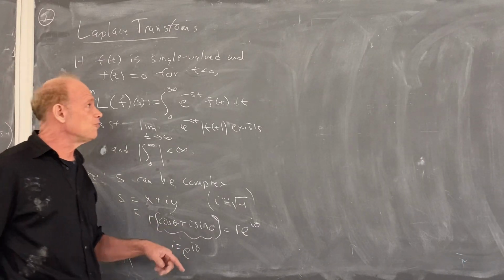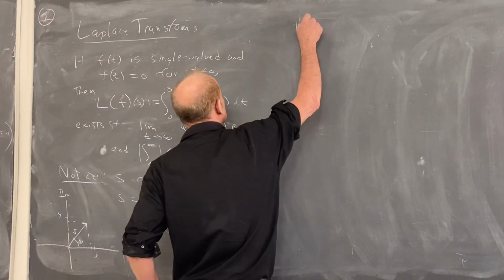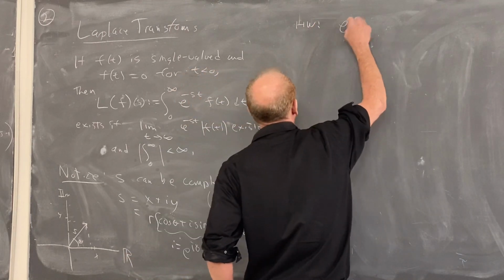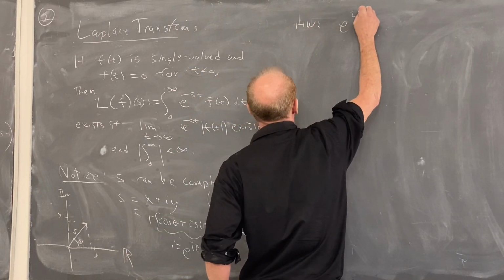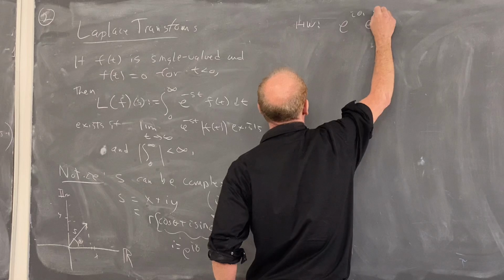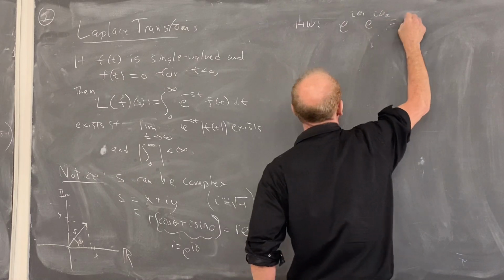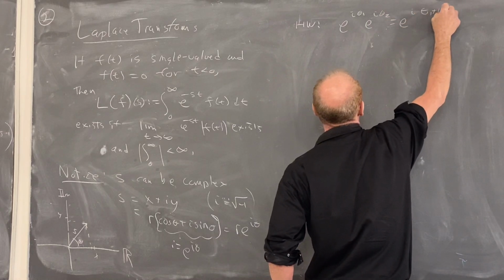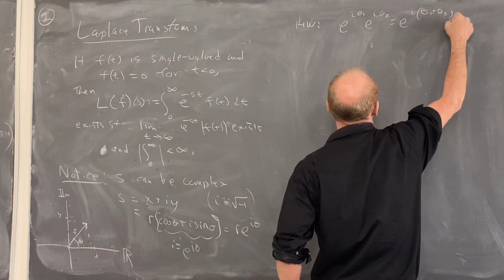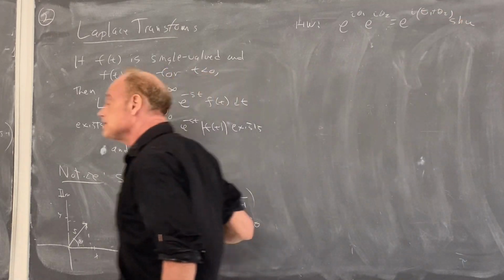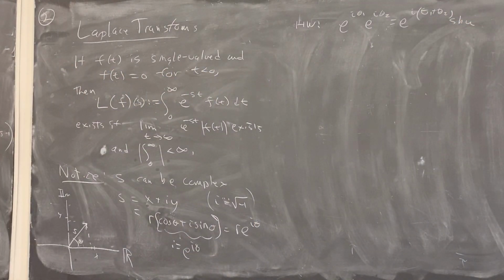And for homework, you should prove that e to the i theta 1 times e to the i theta 2 is equal to e to the i (theta 1 plus theta 2). So show this, from just high school trigonometry.